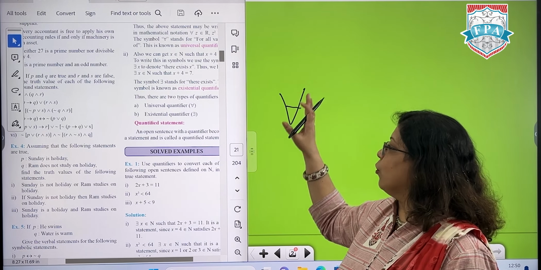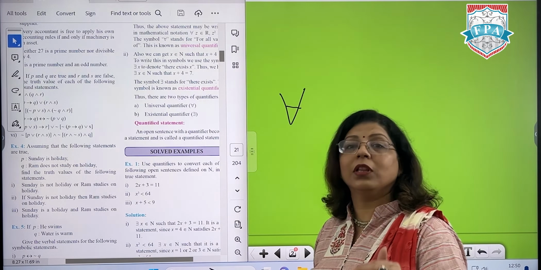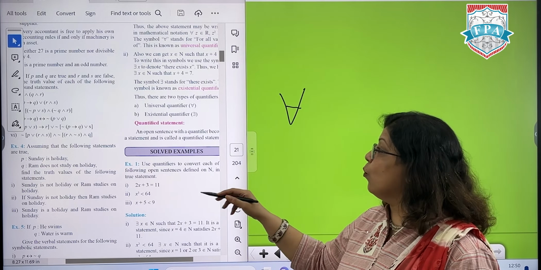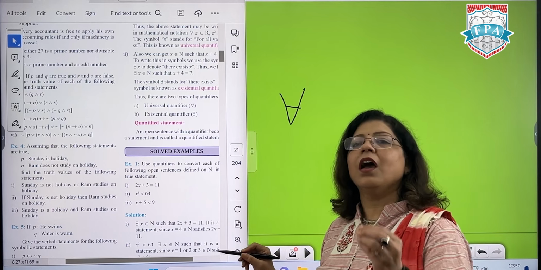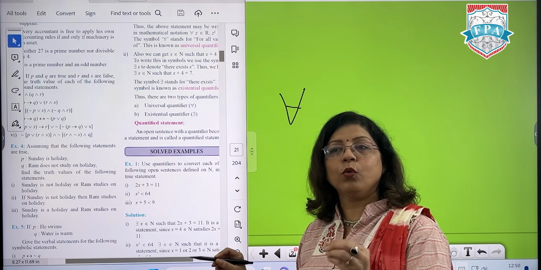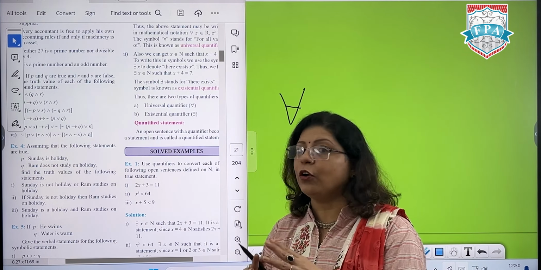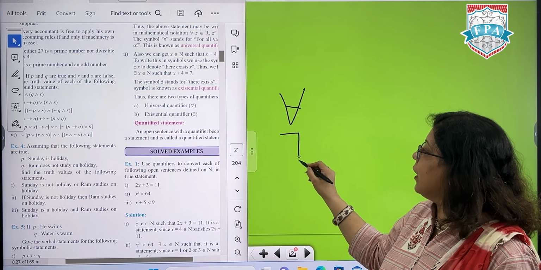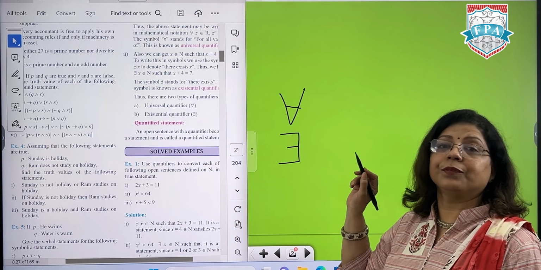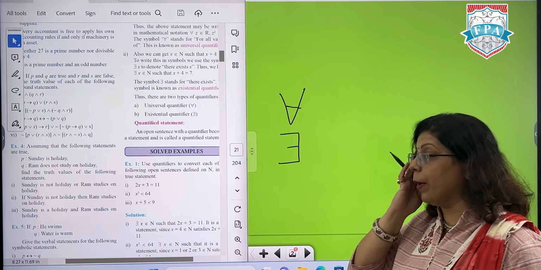We are talking about the universal quantifier, for all the values. The second one is the existential quantifier, which means there exists a value. One or two or three values can exist, but not all the values. To write this, we write E upside down. So it is easier for you to remember.